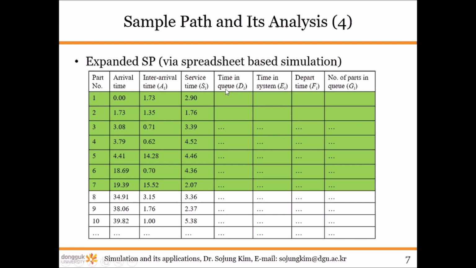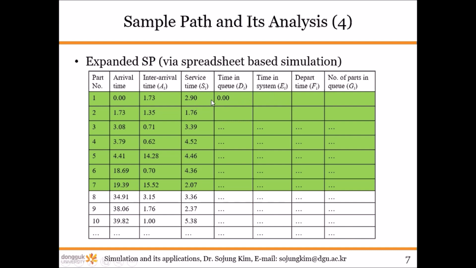The time in the queue of the first part should be 0, right? Because there was no part in the server at time 0. So part 1 could reach the server directly without waiting any time in the queue. So the time in the queue is 0 for part 1, and the service time is 2.9 minutes, right? So time in system is what?